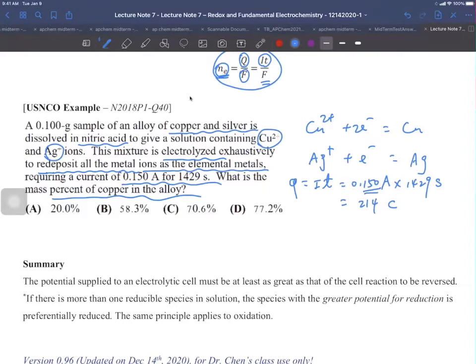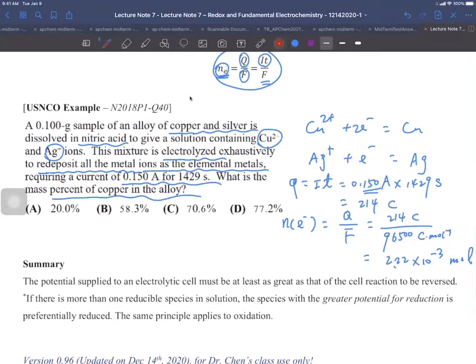And then we can get the moles of the electrons by using Q over F. So it's 214 coulombs divided by 96500 coulombs per mole. We got 2.22 times 10 to the power of -3 mole. So this is the number of moles of electrons.